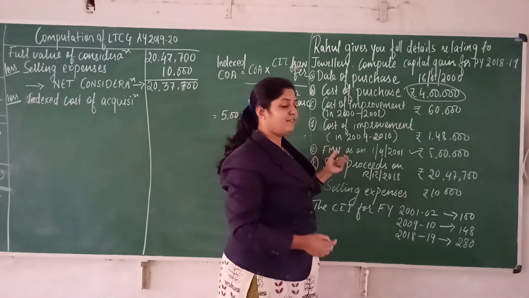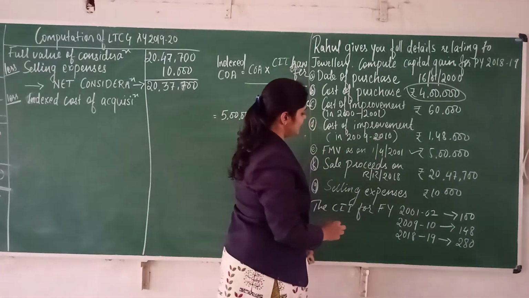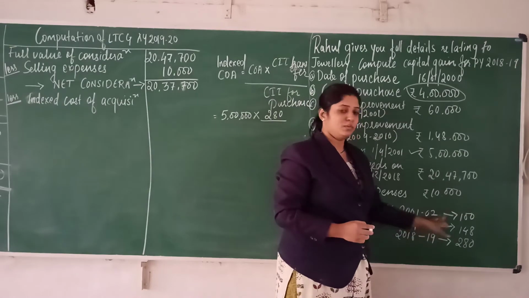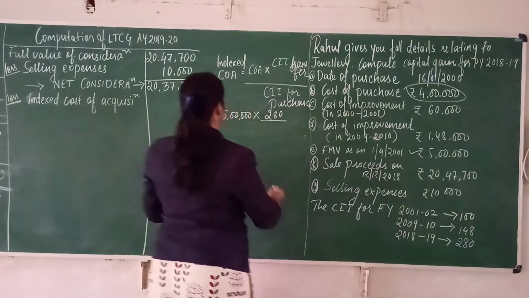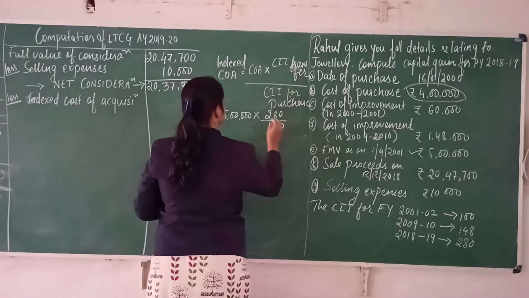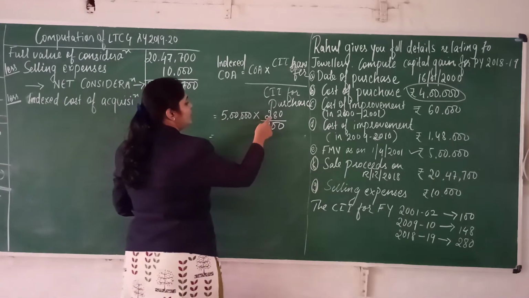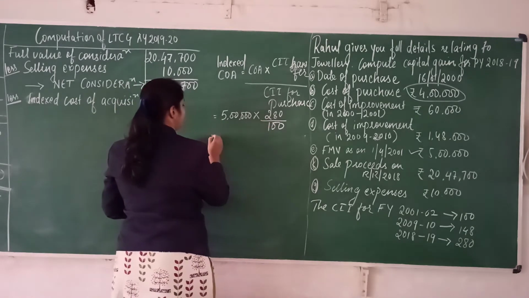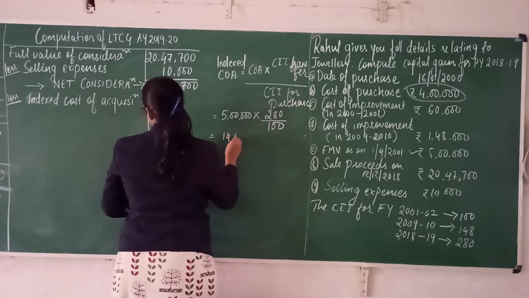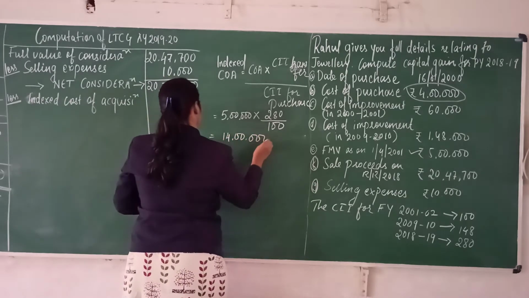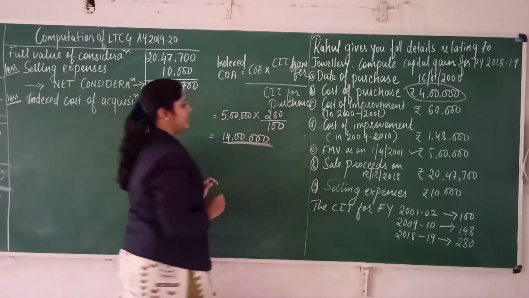Therefore, we have to take indexation for base year 2001-2, that is 100. So 5 lakh into 280 upon 100, we arrive to value 14 lakh.